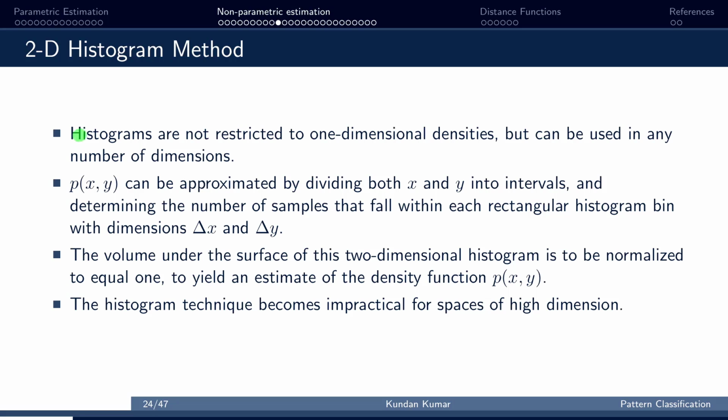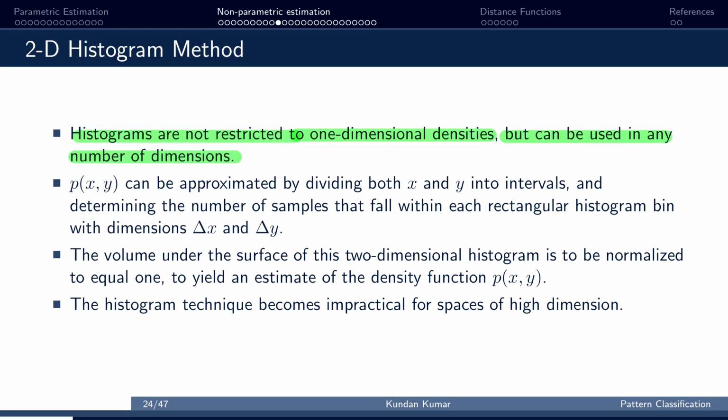So the histograms are not restricted to one-dimensional densities as we have seen. We can also compute for any dimension. Okay, that means we can apply the histogram based probability density estimation technique for any number of dimensions.